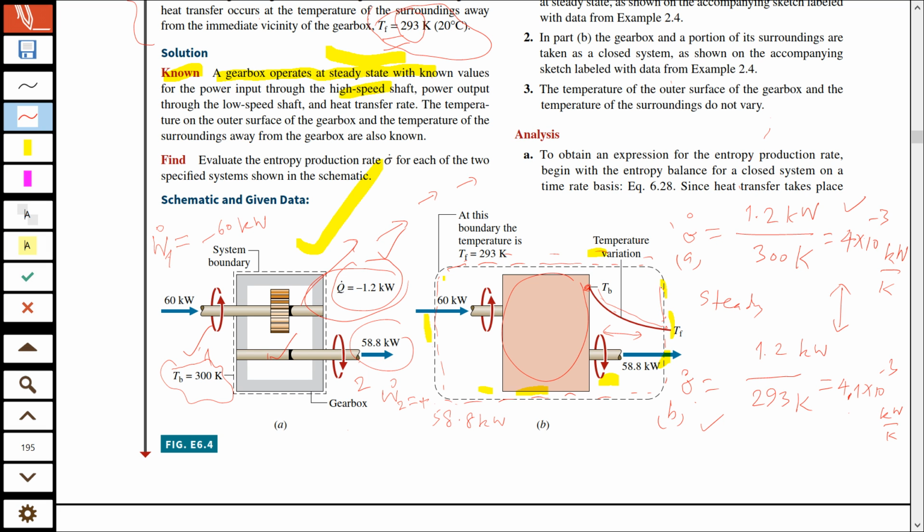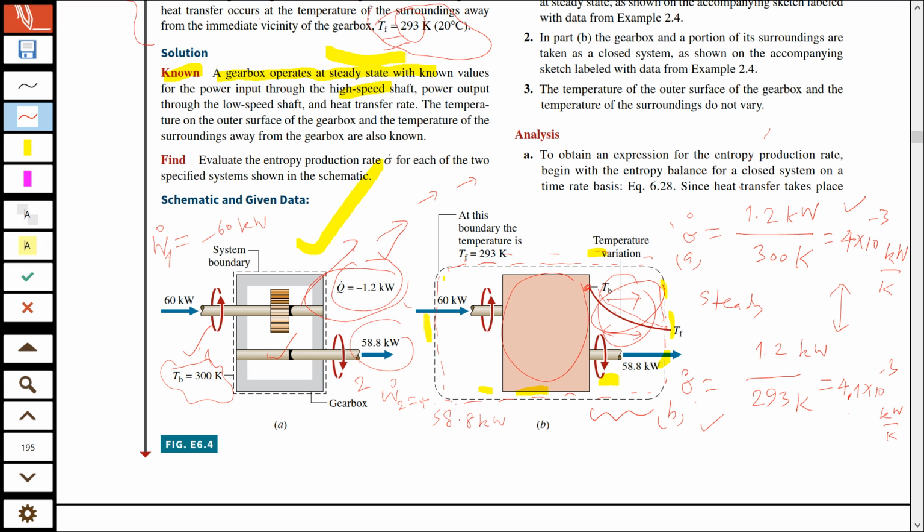Now what have you added? You have added part of the surrounding, which was there. Now it's part of the system. Now there you have a difference of temperature. Whenever you have a difference of temperature, there will be transfer of energy. Now you're not calling it heat because it's within the system. So you just call it transfer of energy, or some thermal interaction, and because it's within the system, you cannot call it entropy transfer.